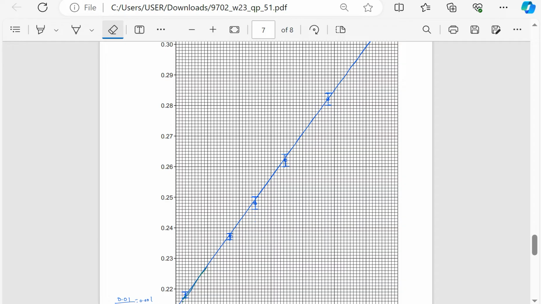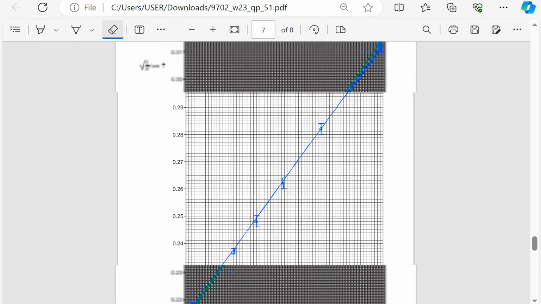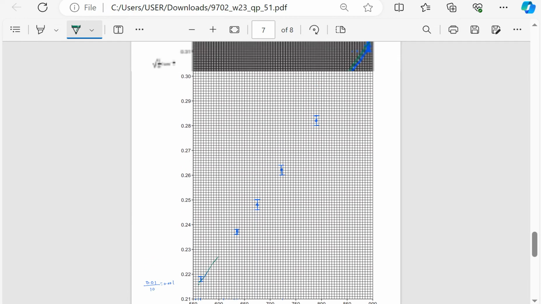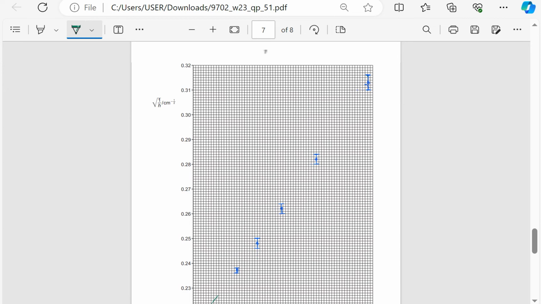Okay, so this one, because it's the line of worst fit, remember, it should touch... what has happened to my lines?